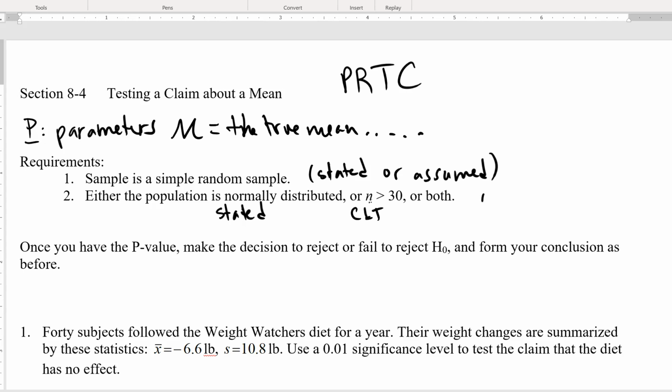Or we can check a box and whisker plot, which should have no outliers, and a normal probability plot, which should be linear.